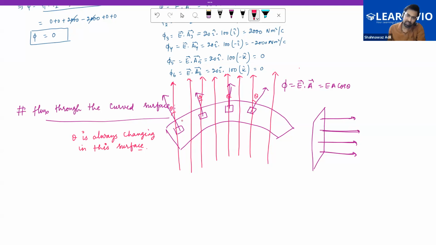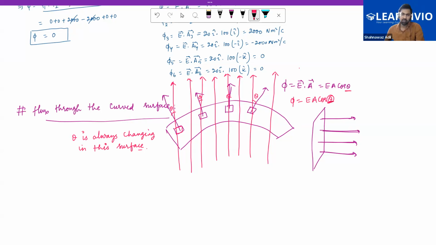If I take this area, then this is the normal. If I take this area, then this is the normal. So this theta is always changing. Then I cannot calculate the flux using this one form because this theta is always changing, right?